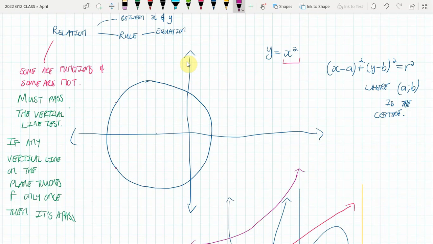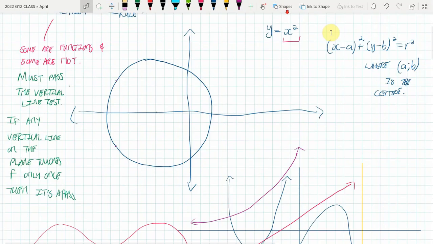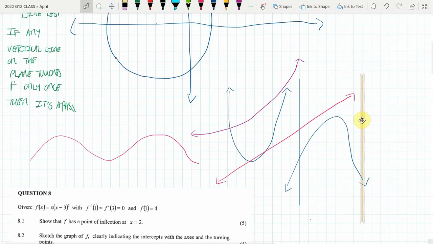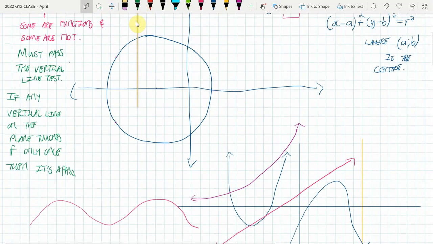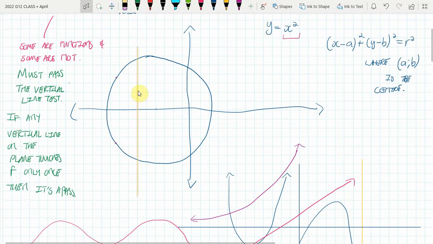Can you see? That's the reason why it fails the vertical line test. Notice that this particular x value will have two y values that correspond with it on the graph.